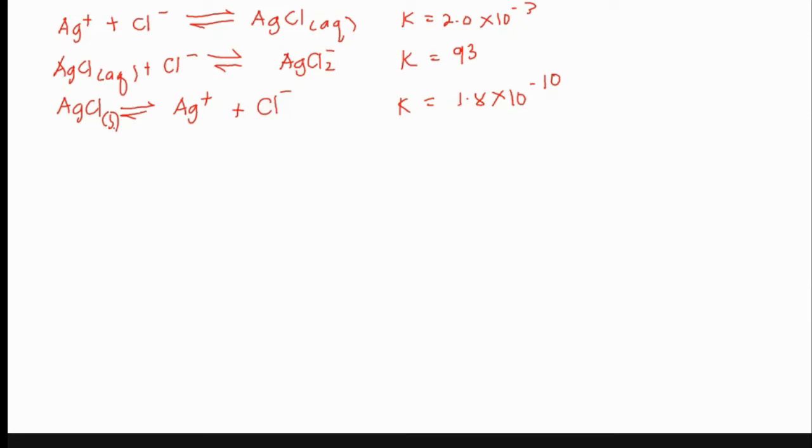So the unknown, find the K for the reaction Ag plus Cl minus forming AgCl aqueous.